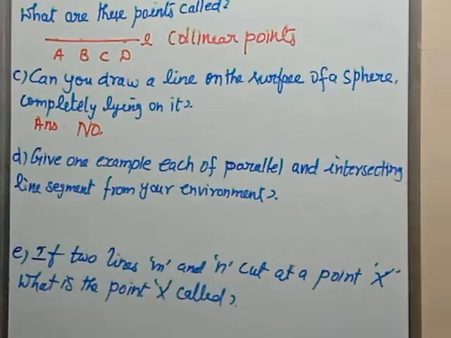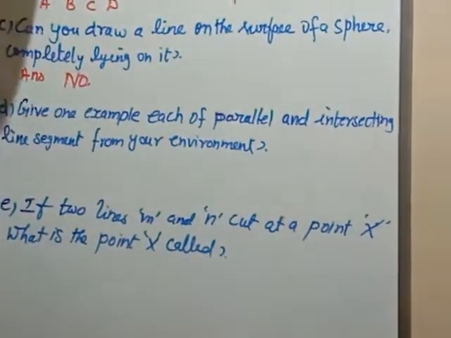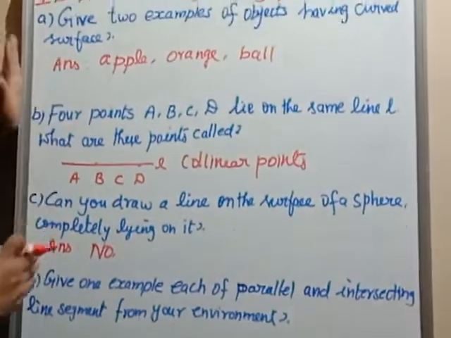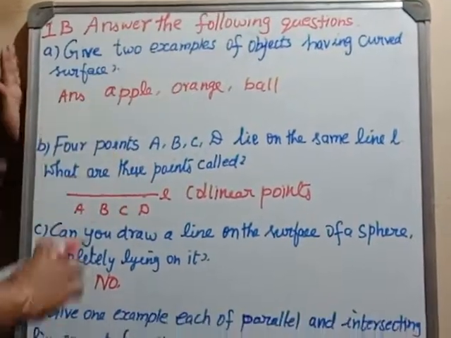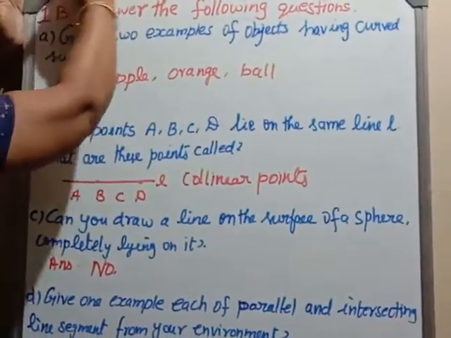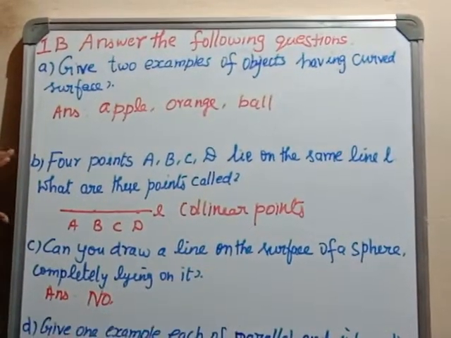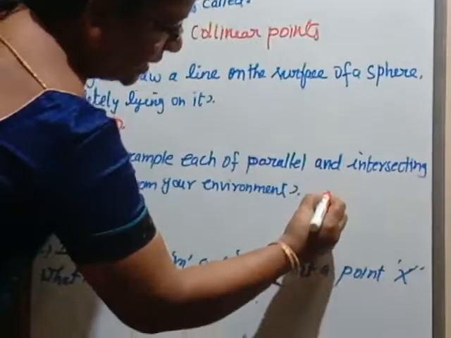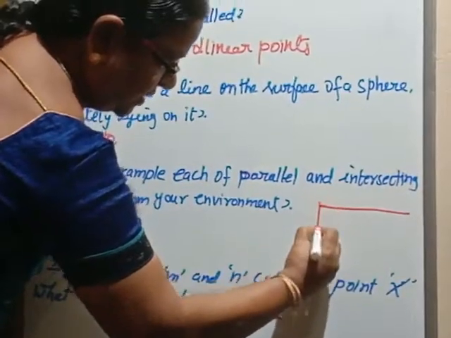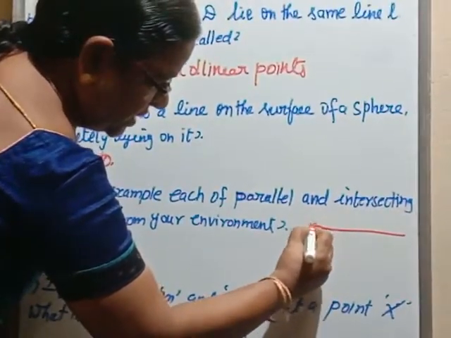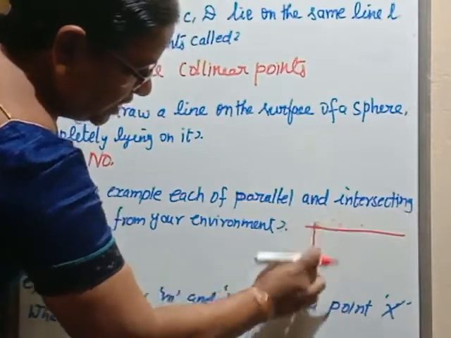What is the example for intersecting lines? See the board edges here. Adjacent sides of the board. When they meet each other, this point is the intersecting point. Here this point is intersecting both the adjacent sides.